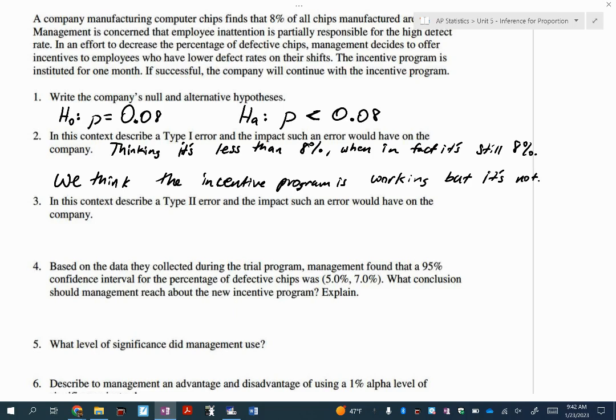Okay, Thomas, you got something? We think it's still 8% when in fact it is less than 8%. That is correct. So we think it's still 8%, but in fact, it's less than 8%.